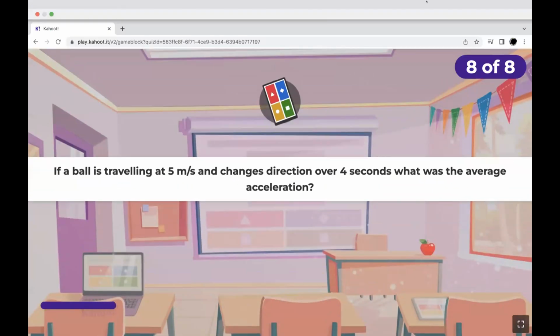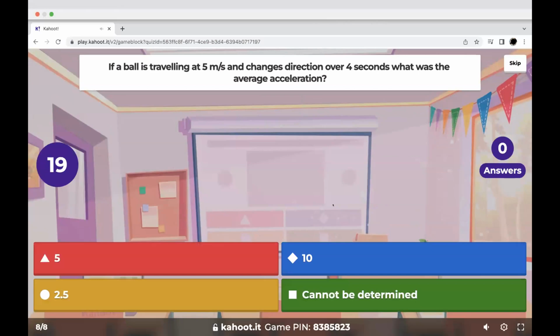Last question. Almost out of time. Oh, when I say change direction, I basically mean makes a U-turn, not just turns sideways or something. That might have tripped a few people up. Sorry. This is going to be one-dimensional motion again. If you turn around over 4 seconds and continue at the same speed, what's the acceleration?